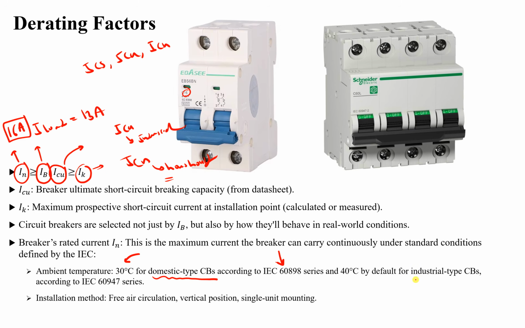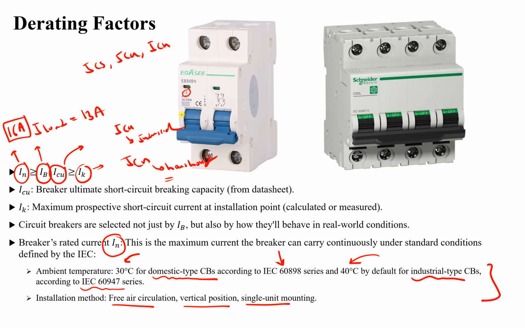For industrial type circuit breakers, denoted by IEC 60947 that we talked about before, it will be operating at 40 Celsius degrees. The installation method will be free air circulation in a vertical position and one unit. Now these are the conditions at which we will have IN.